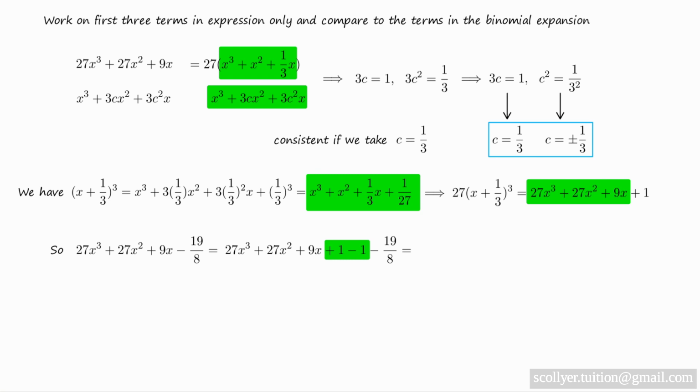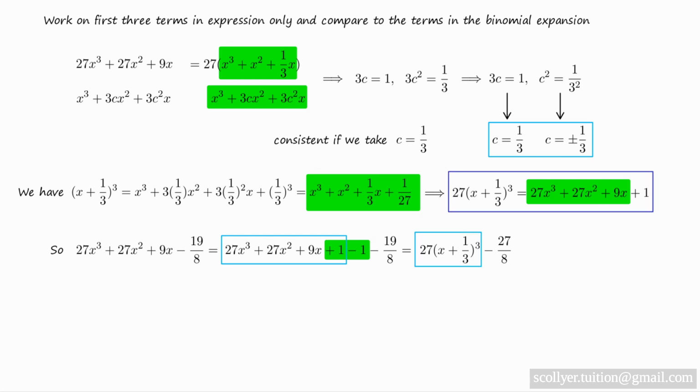And from this, we get 27(x + 1/3)³ − 27/8, as these terms become 27(x + 1/3)³, and these terms simplify to −27/8.